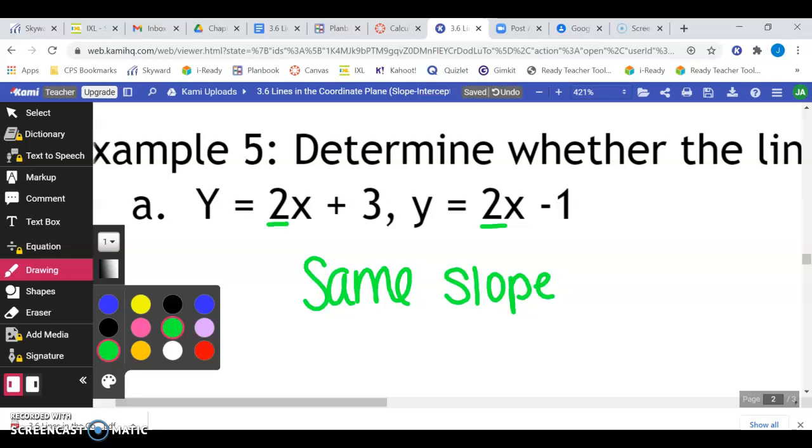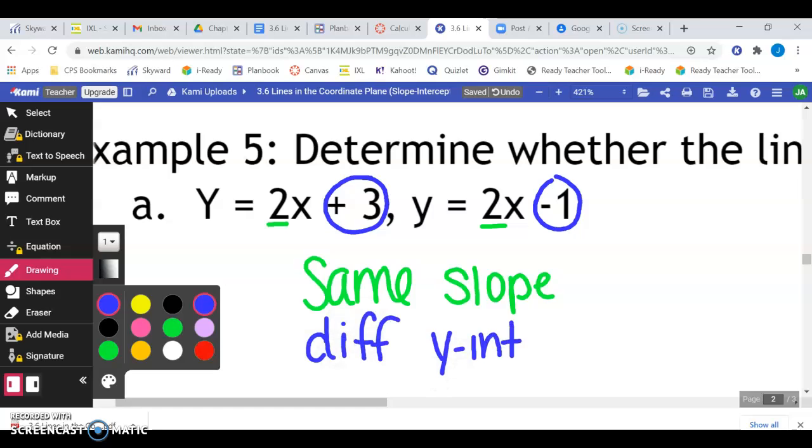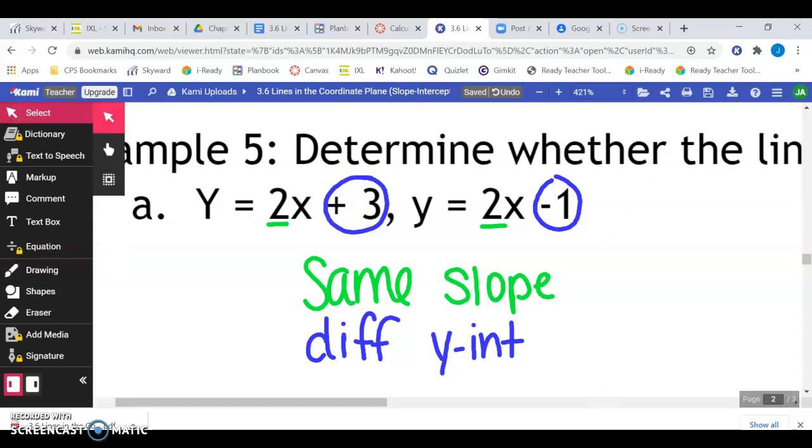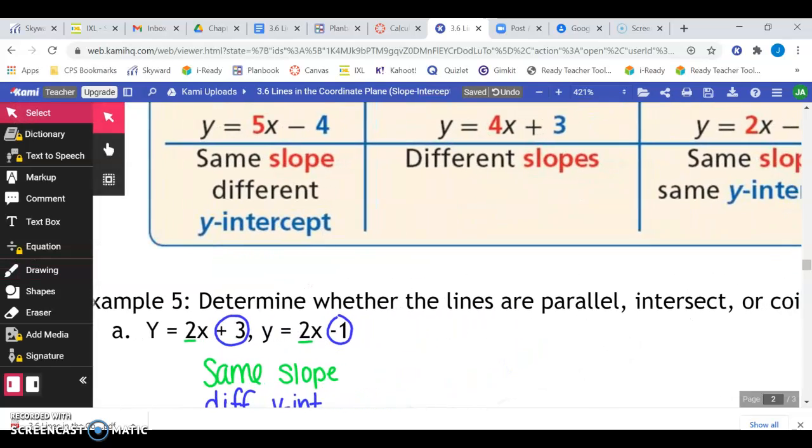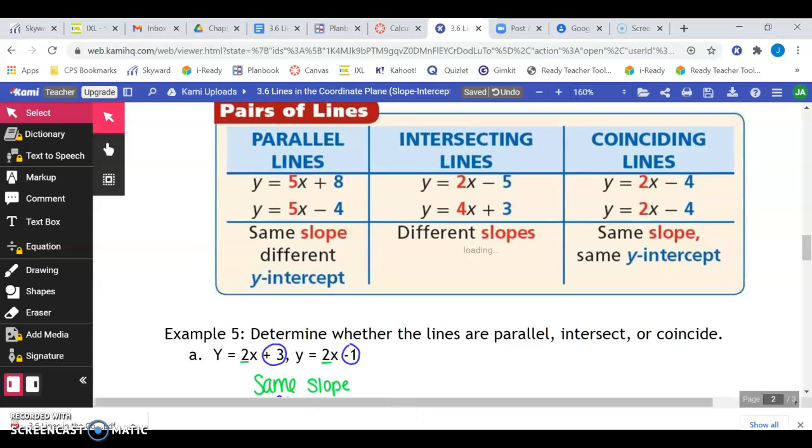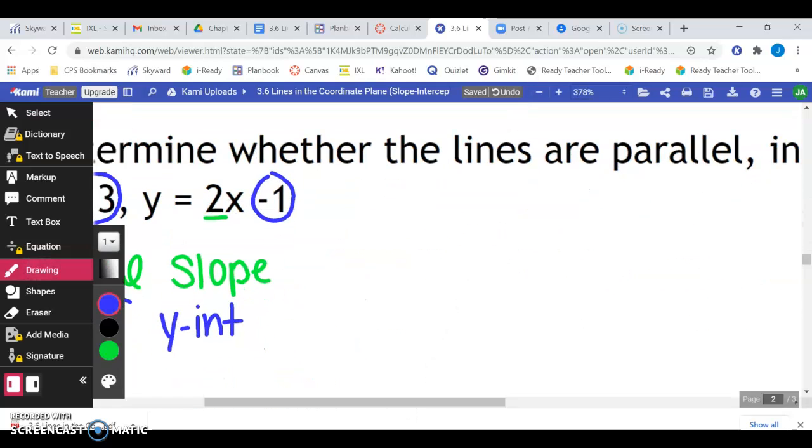And then we look at the y-intercepts. Those are different, +3 and -1. So different y-intercepts. So go up here, same slope, different y-intercept as that first one. So that tells us they are parallel.